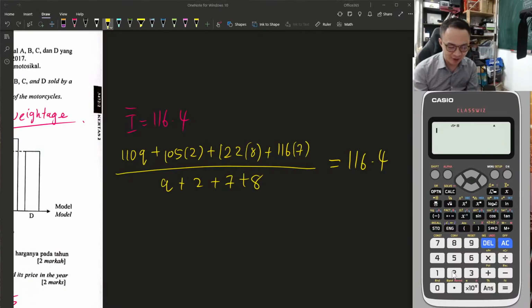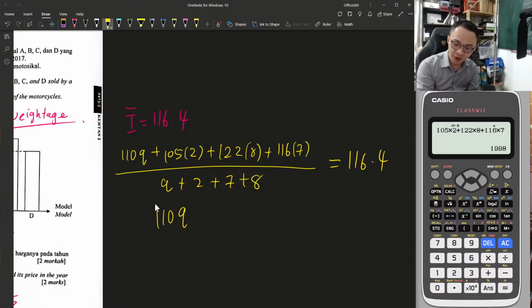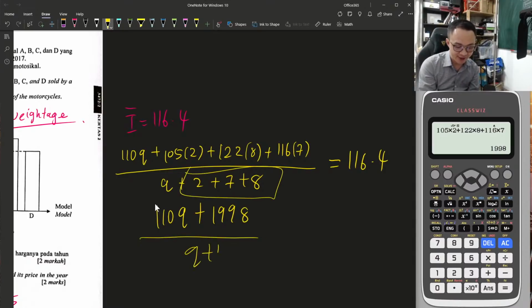Alright, let's do it. 105 times 2 plus 122 times 8 plus 116 times 7. Okay, 110Q plus 1998. This one, bottom, this one is 17. Q plus 17 equals 116.4.